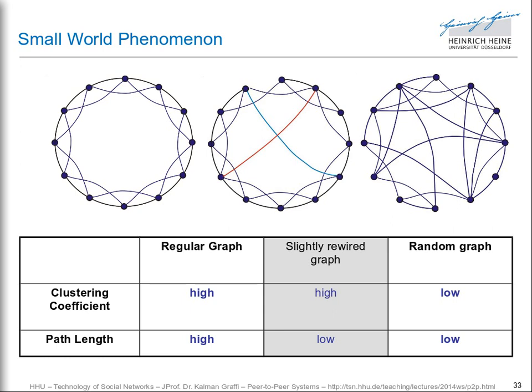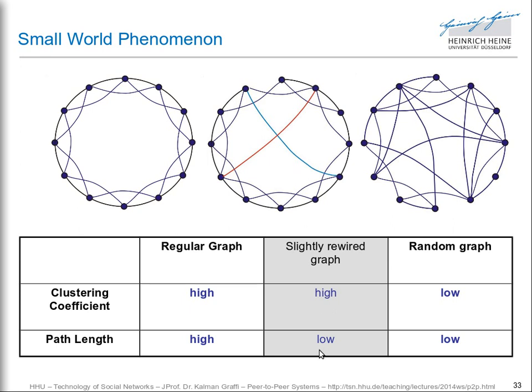So somewhere in the middle, in the slightly rewired graph, we have a high clustering coefficient and a low path length. So the path length gets low if we have some shortcuts in this regular graph. And this is what we need.